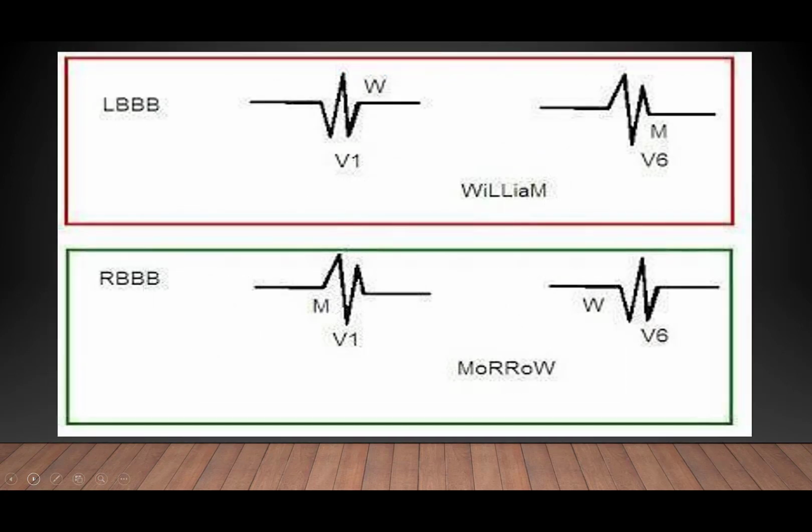Here we have something in order to know whether it is a left bundle branch block or right bundle branch block, which is called William and Marrow.